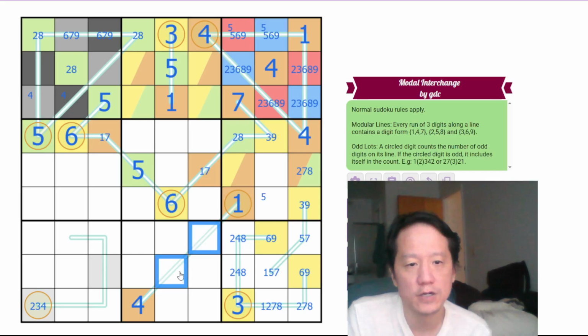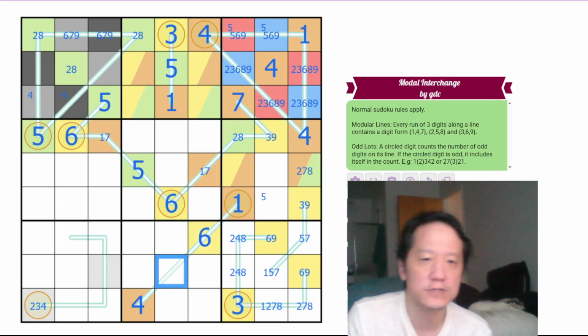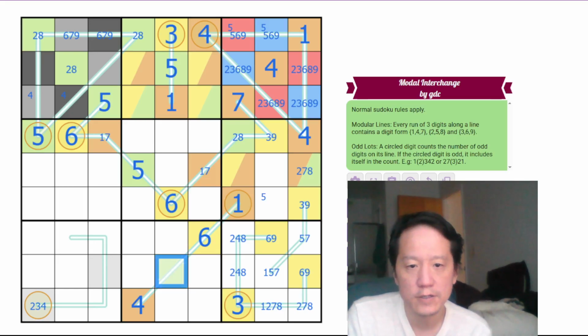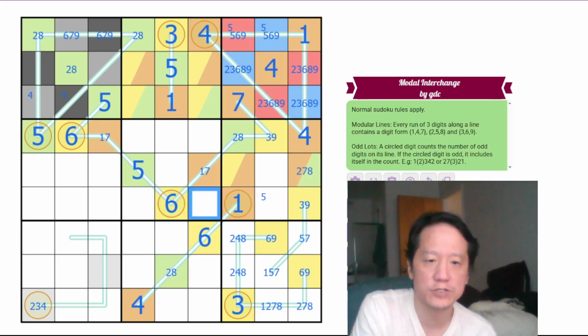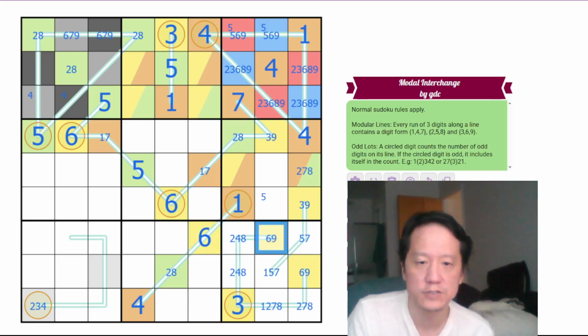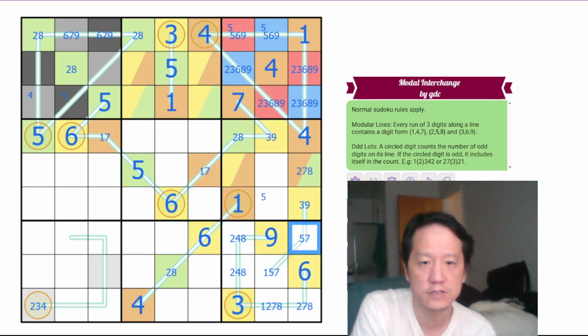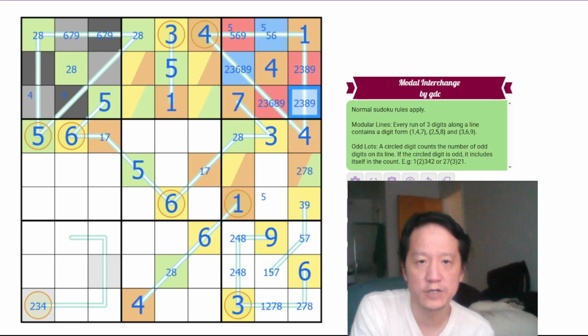We need a yellow. This can't be yellow because it would be 9, so this would have to be yellow and a 6 here. This is green and 2 or 8. We're not sure which. This 6 eliminates 6 here, so this is 9, which makes this a 6. This 9 eliminates 9 here, so this is 3. This can't be 9. This can't be 6, so this is 3 or 9 here.